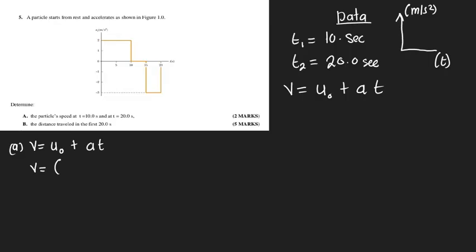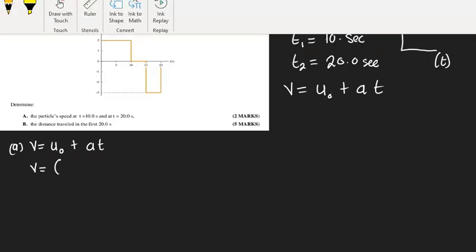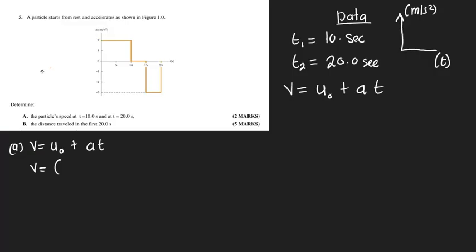So what it implies is you are going to get your acceleration at 10 seconds. What was the acceleration at 10 seconds? The acceleration at 10 seconds is here. So this was the motion at 10 seconds.